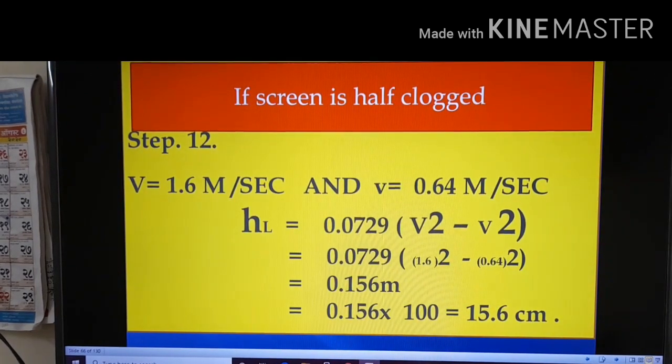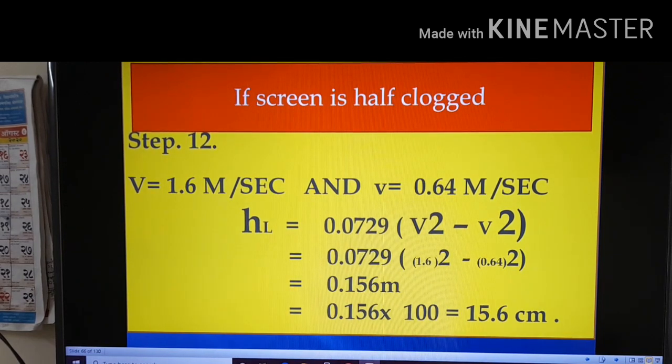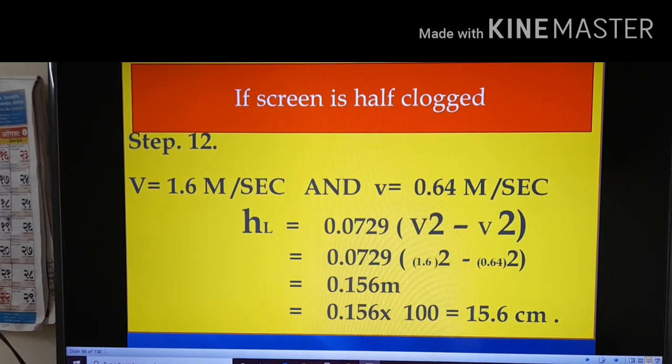When the screen is half clogged, capital V is equal to 1.6 meter per second and small v is equal to 0.64 meter per second. Both the values of velocity, capital V and small v, put in the same formula, that is HL is equal to 0.0729 multiplied by in bracket capital V square minus small v square bracket complete.